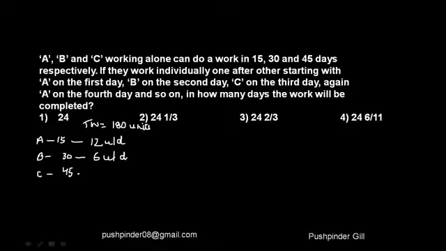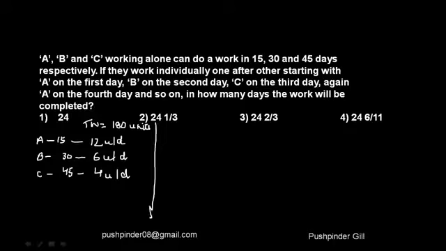And C is able to finish the job in 45 days, so he's going to finish 4 units every day. I could have even taken 90, that would have made life easier. No problem. So A finishes 12 units every day, B 6 units, and C 4 units every day.